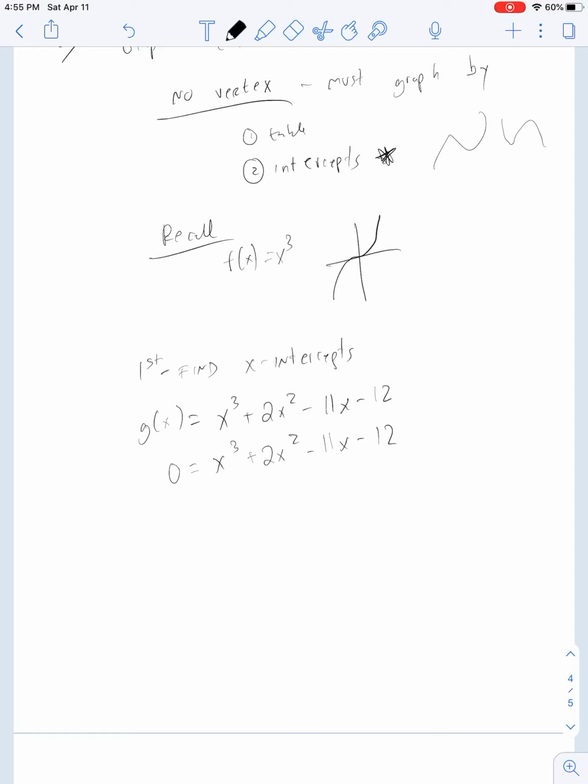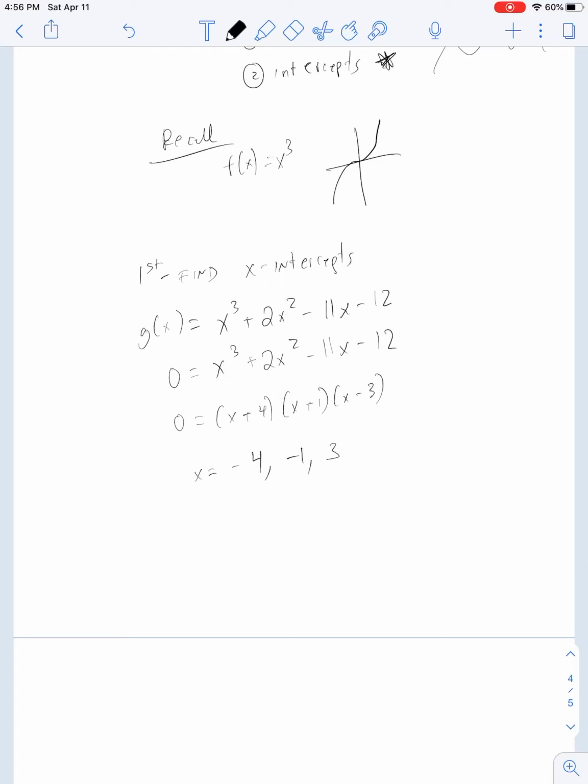We apply a factoring technique, right? And once we get it in a factored form, you should see that it's 0 equals x plus 4 times x plus 1 times x minus 3. So we have our x's being negative 4, negative 1, and 3.